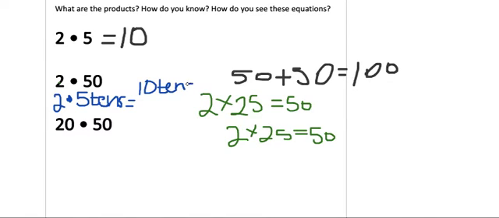10 tens. 10 tens is the same as saying 10 times 10. 1 times 1 is 1. And we have 2 zeros here.